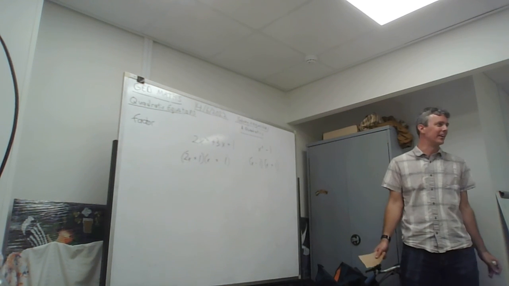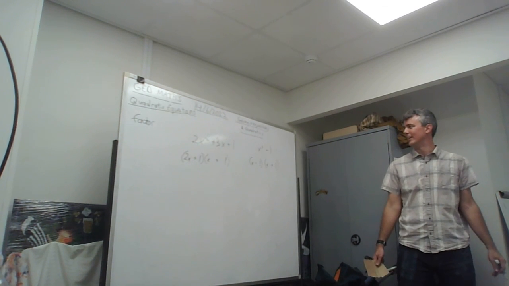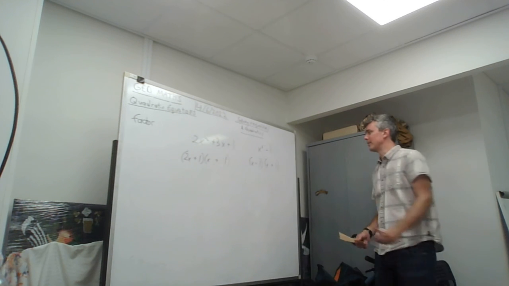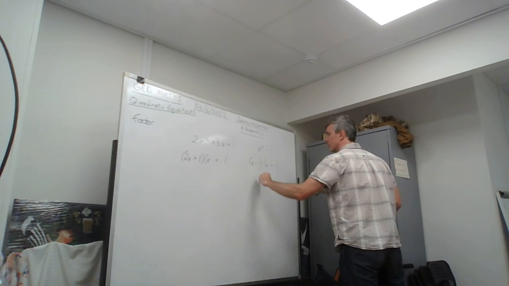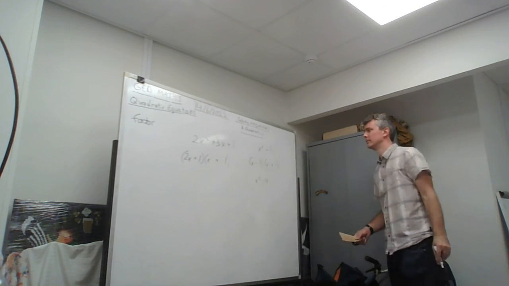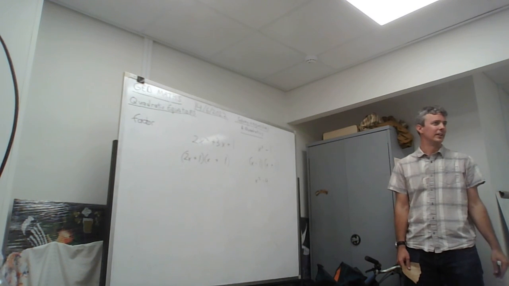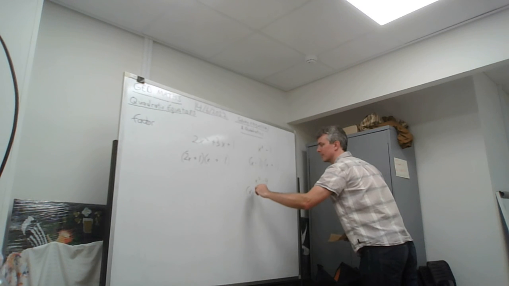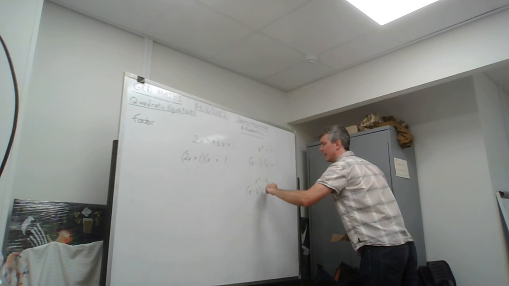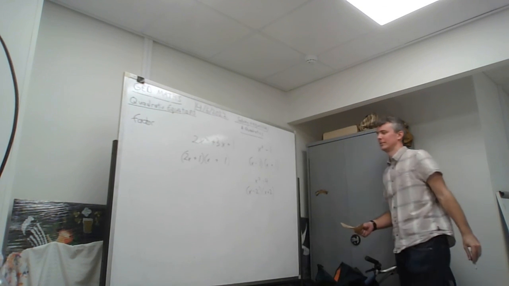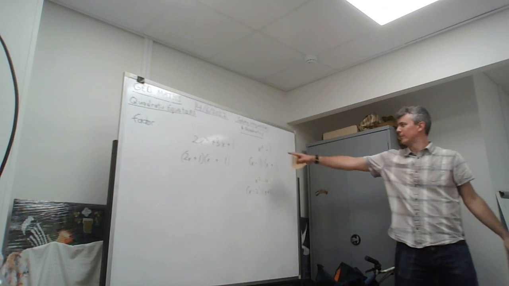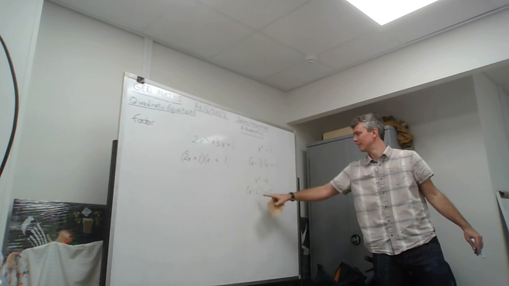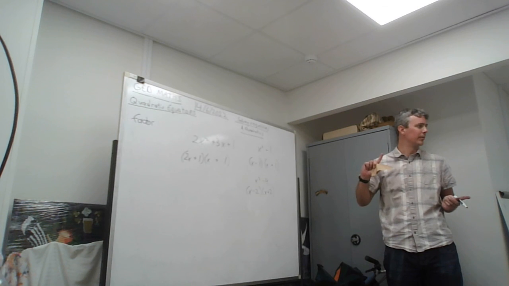Sometimes they're canceling each other out. It'd be the same if I did x squared minus 4. It'd be x minus 2, x plus 2. So something of this format usually has the exact same numbers but negative, positive.